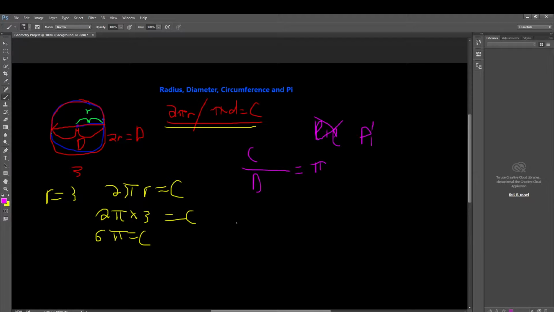That is the ratio. So now that we know that 6 pi equals C, now we just say that pi is 3.14. Let me grab the calculator.